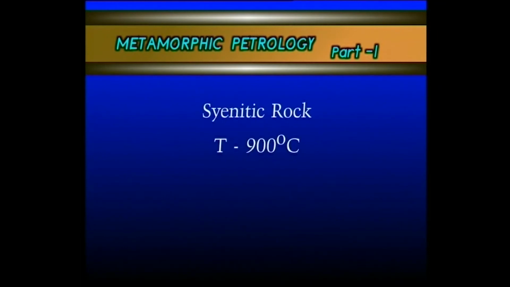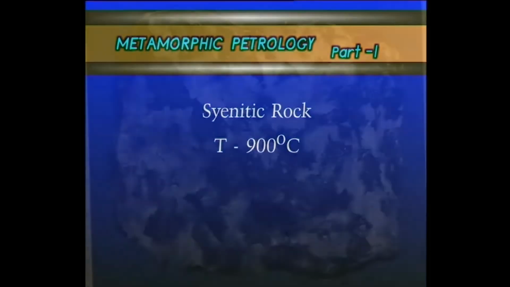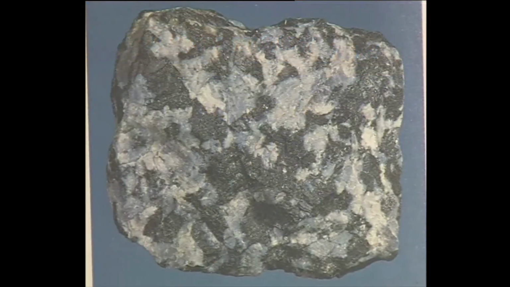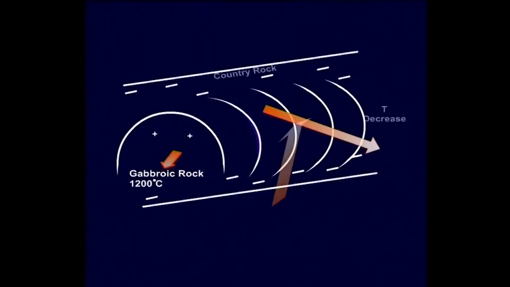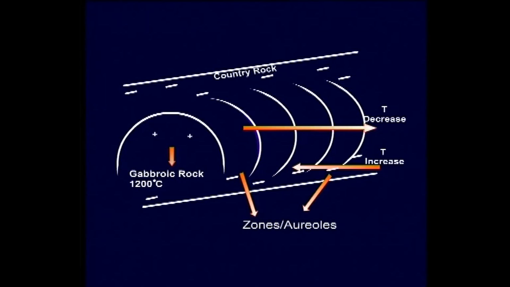In the case of syenite rock, it's normally around 900 degrees centigrade. In the case of gabbroic rock, it occurs at nearly 1200 degrees centigrade. Now let us see the case particularly in contact metamorphism.